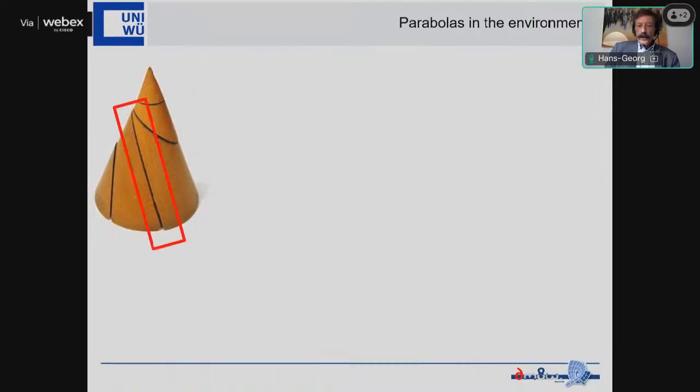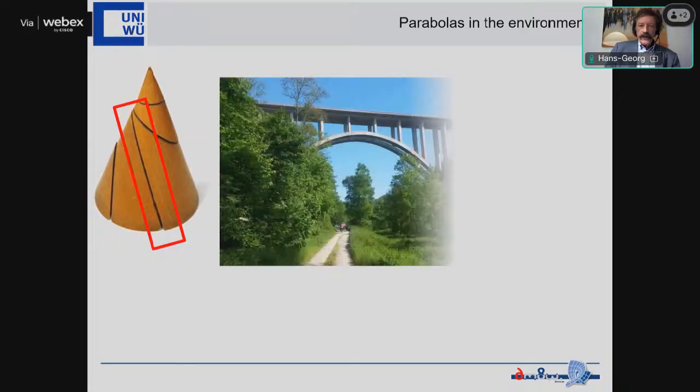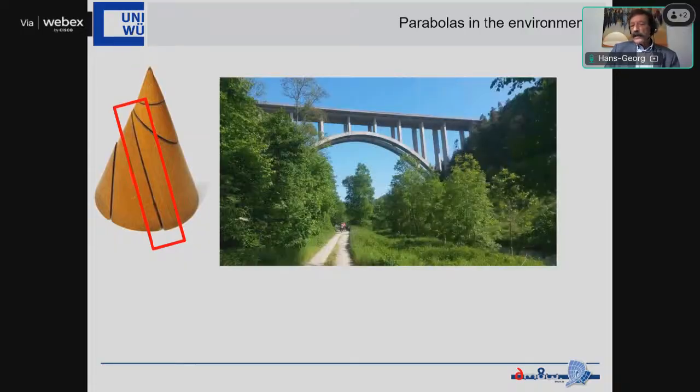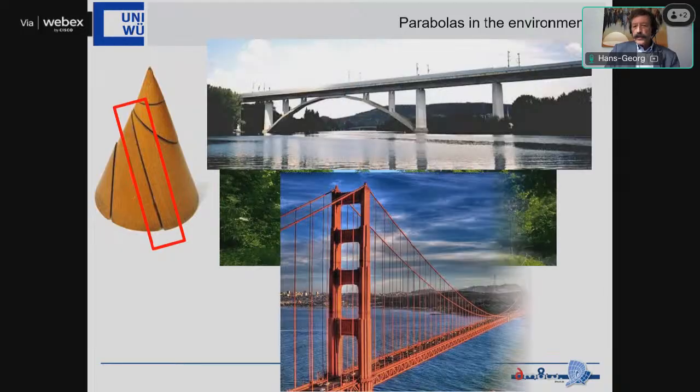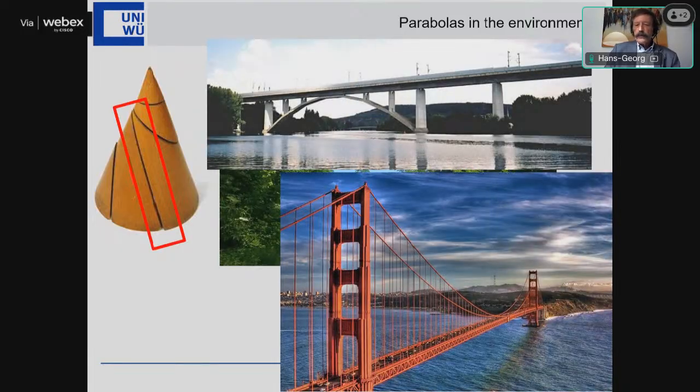And the next one, if you cut it at a special angle so that you have a parallel to one line of the cone, you get a parabola. You get parabolas on bridges, a lot of bridges. This is the Golden Gate Bridge in San Francisco.